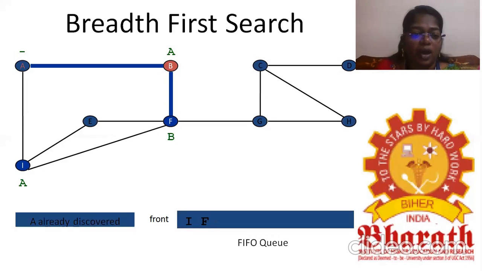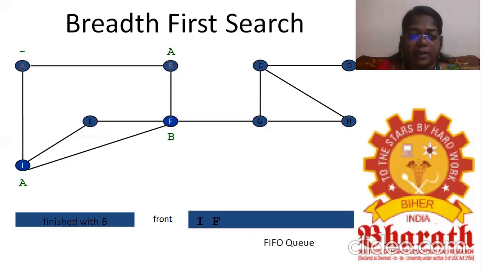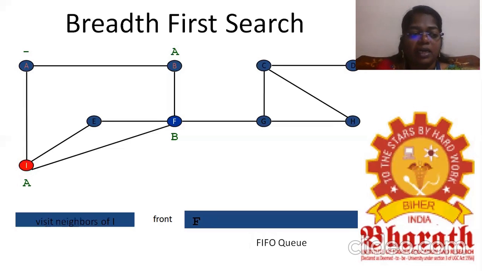Next, what is the vertex at the front of the FIFO queue? Here we have I. So we dequeue I from the FIFO queue and mark I in red color to identify the neighbors of I. What are the neighbors of I?